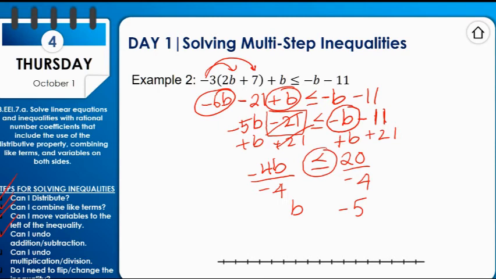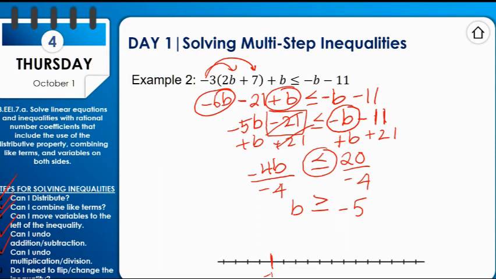So in order to find the values, because I divided by a negative number, ladies and gentlemen, because I divided by a negative, do I need to flip the inequality? Yes. So less than or equal to becomes greater than or equal to -5.